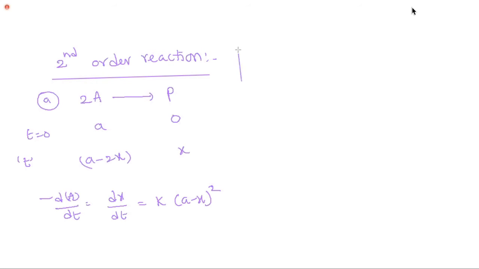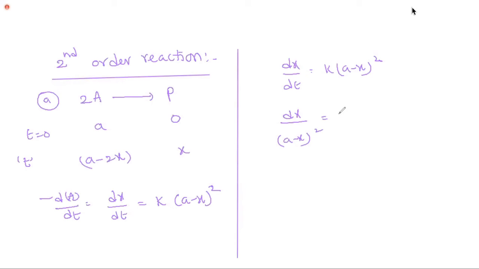Now for derivation, we did zero order and first order. So dx by dt is equal to k into a minus x whole square, right? If I do integration here, dx by a minus x whole square is equal to k into dt.